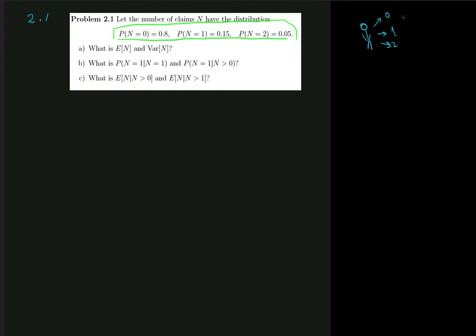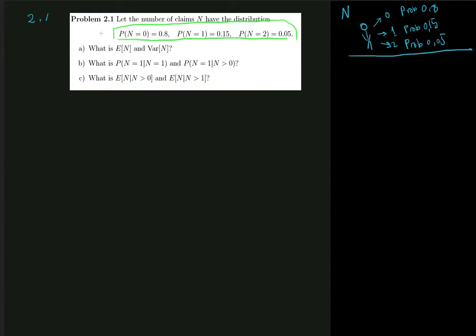And that person has 0 accidents with probability 0.8, has 1 accident with probability 0.15, and 2 accidents with probability 0.05. So that's what we mean when we let n be distributed as such.